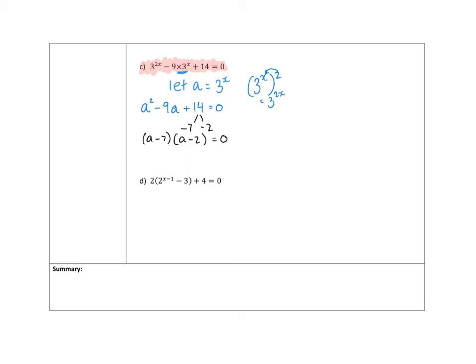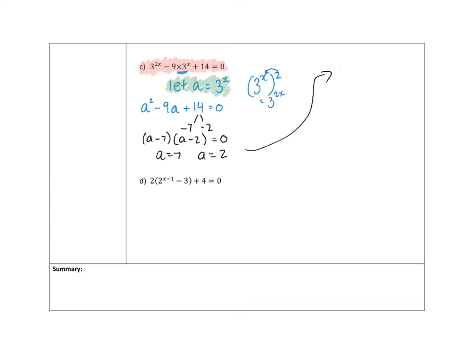If we solve, we know that a equals 7 by null factor law and a equals 2. It's important at this point to resubstitute, because we aren't asked to solve for a, we're being asked to solve for x. And we note that up here, we let a equal 3 to the x.